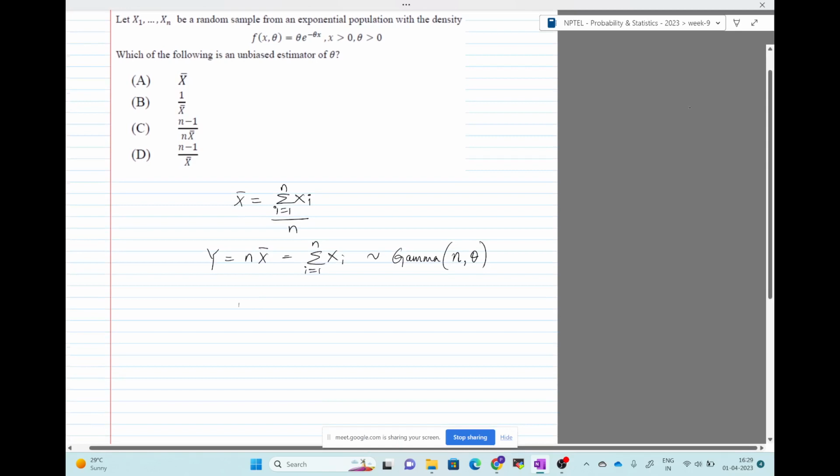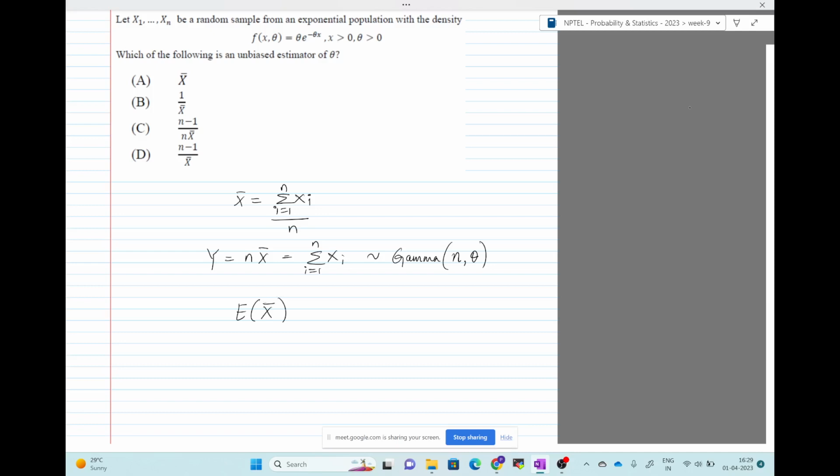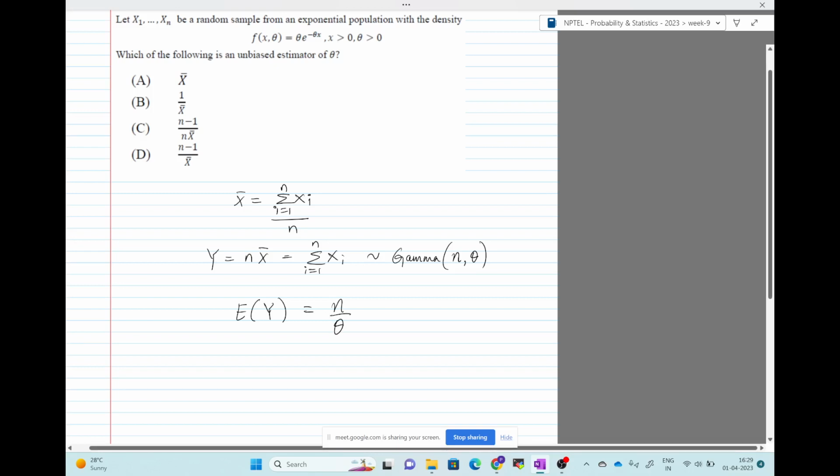So we know that the expected value of a gamma distribution, when it is gamma alpha beta, is alpha by beta. So it will be n by theta. But this is not what we want, right?